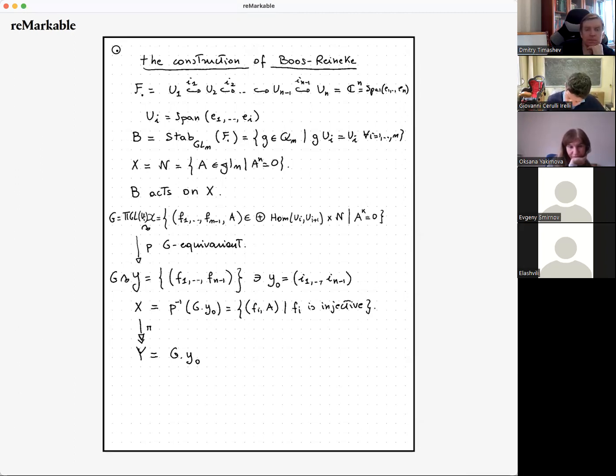Okay, what is nice here is that the fiber over Y0 is precisely the variety of A such that A to the K is 0, the nilpotent variety.